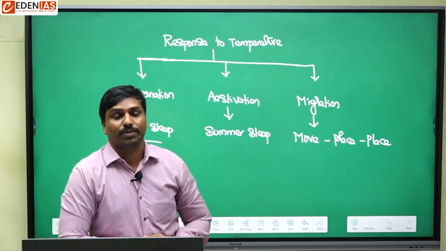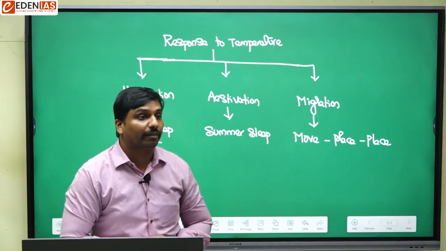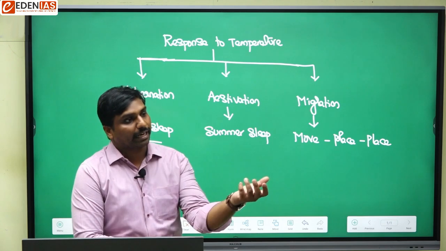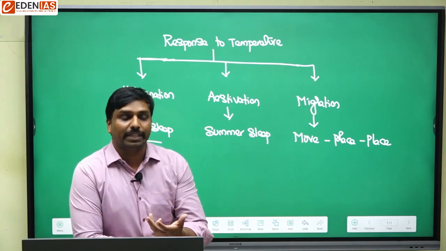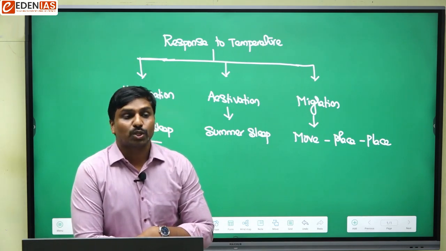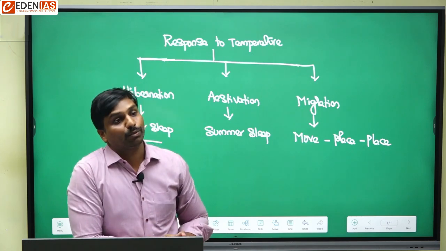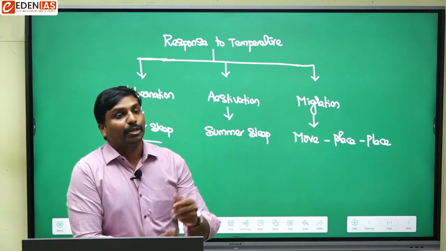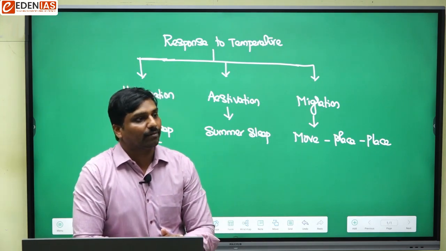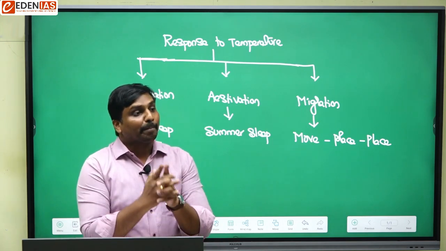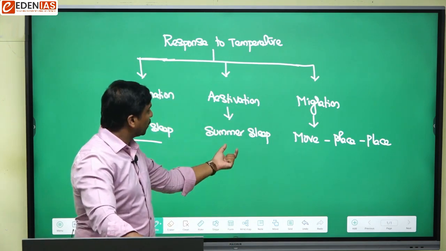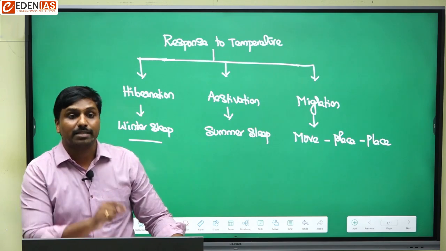Then in estivation, what will happen? Think about deserts. In deserts there would be very high temperatures. During that time, animals living in desert conditions, or even in tropical areas, may lose water and be prone to dehydration. In order not to get into such issues, they go into a state of inactivity, hide in some places, and conserve their water and energy levels. Entering a state of inactivity during summertime is known as estivation, which can simply be called summer sleep.